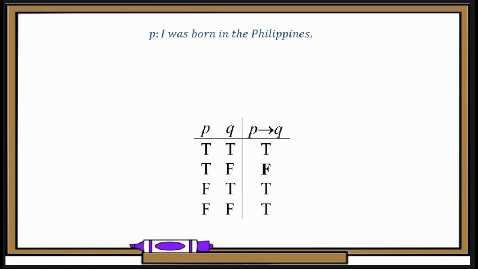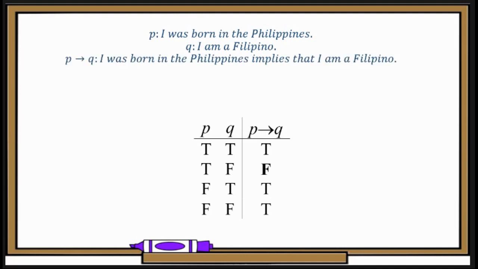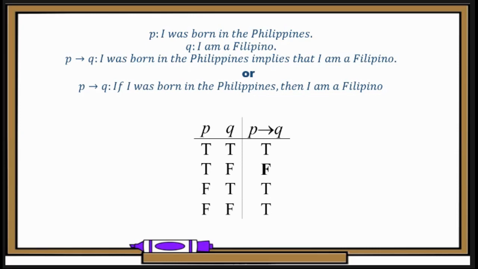Let's have this as an example. I was born in the Philippines. I am a Filipino. Earlier, sinulat natin siya as a compound proposition using the implication. It can be read as, if I was born in the Philippines, then I am a Filipino. Supposing that both of these are true, then the truth value will be true.